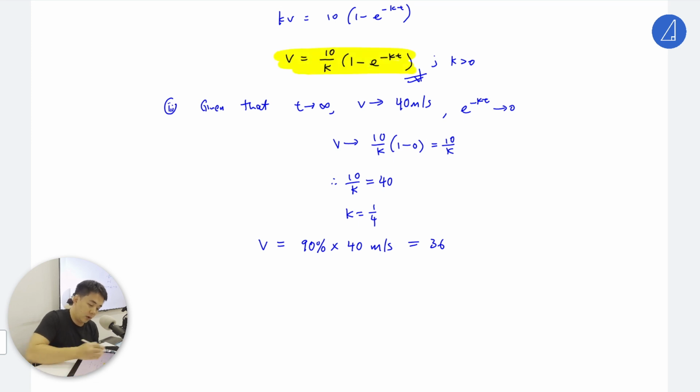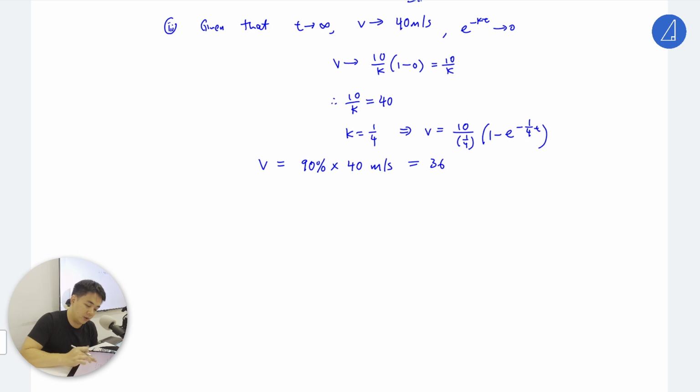So we know the velocity now is v equals 10 over 1/4 times (1 minus e^(-t/4)). So just solve it, shouldn't be an issue. When v equals 36 meters per second, this will be 10 over 1/4, which is 40, times (1 minus e^(-t/4)). Solve for t.